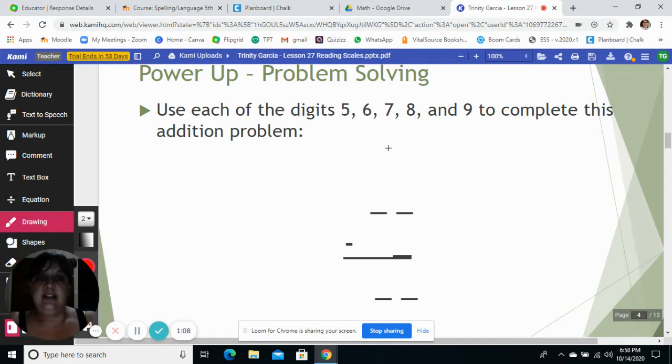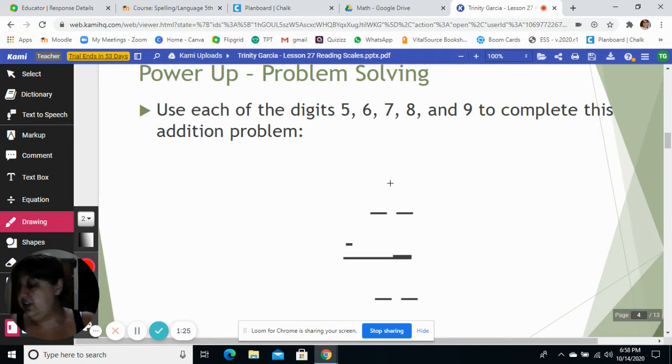Okay, so we did it last time with these numbers and we did addition, but today we're going to use subtraction. So what did we do last time? Last time, remember, we used logical thinking and we used some guess and check. All right, so that's the same thing we're going to do this time. So let's see.